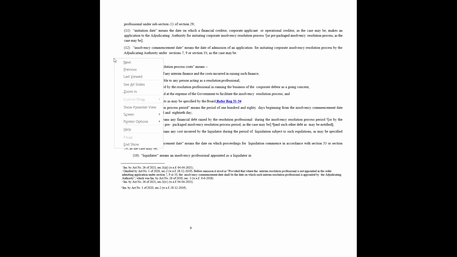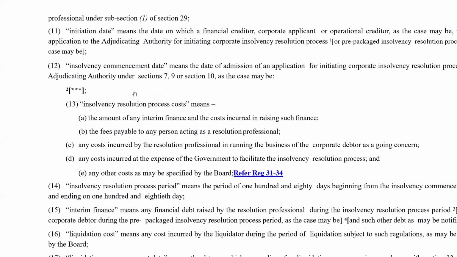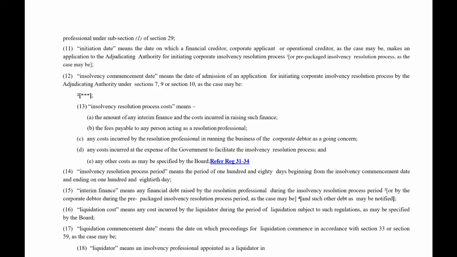Initiation date. So there are two dates. One is the date of filing. Suppose you are filing a petition before NCLT. So one shall be the date of filing. So that date is known as initiation date. So initiation date means the date on which a financial creditor, corporate applicant or operational creditor, as the case may be, makes an application, right?